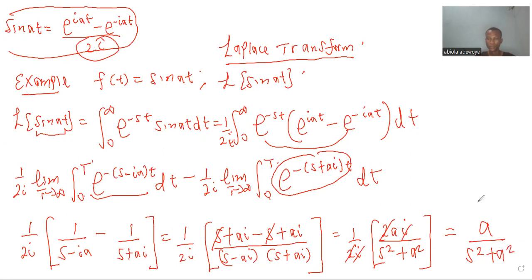Now in this class, we are able to derive the Laplace transform of some functions, which I'm going to recall again. What are those functions that we look for? We're able to find the Laplace transform of a function t raised to a power natural number n, which we said the general solution is given to be n factorial over s raised to power n plus 1.